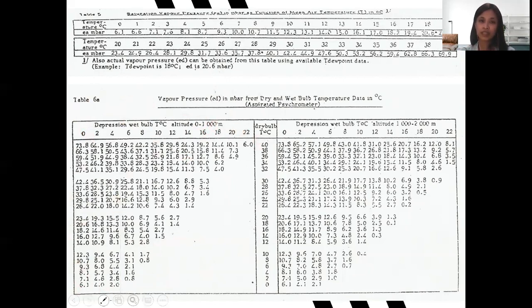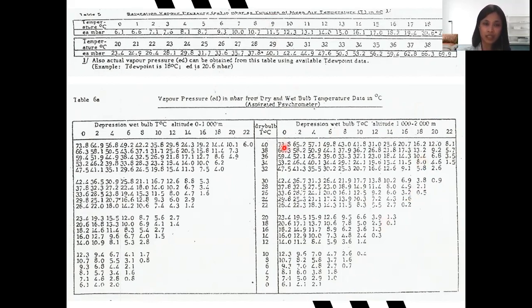The data will be in the left one, and if the area is at high altitude, the table will be the right one. So it depends on the area that we want to calculate. For example, if we want to calculate for an area in Indonesia, of course, the altitude is in the left side because it's less than 1,000 meters.